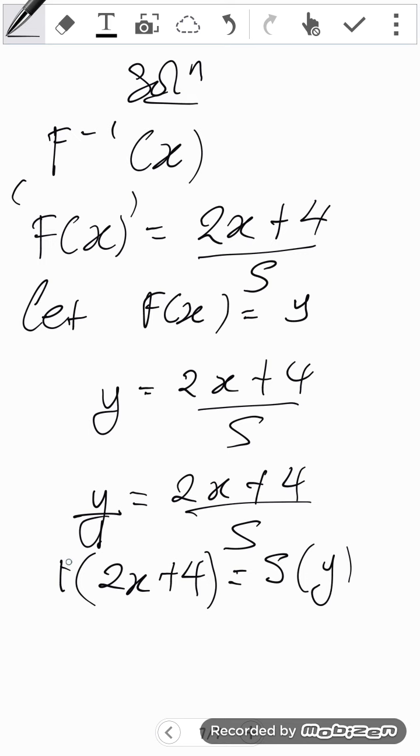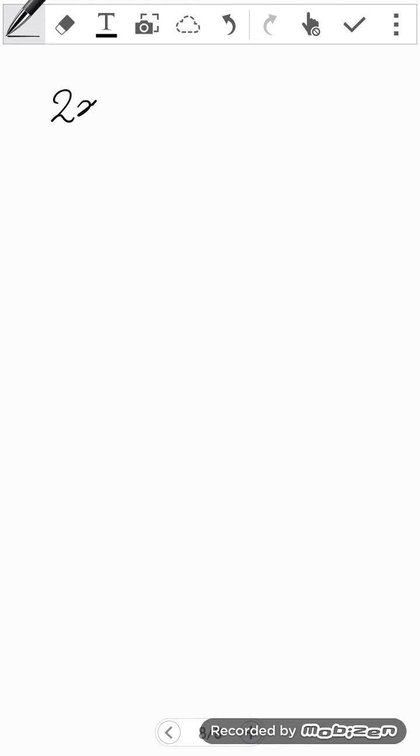Alright, so 1 times everything in this bracket, so 1 times 2x is 2x, 1 times 4, simply 4, being equal to 5 times y is 5y. So we're having 2x plus 4 being equal to 5y. So to make x subject of formula, we simply cause the number that's with 2x, the 4, to cross the equal sign.